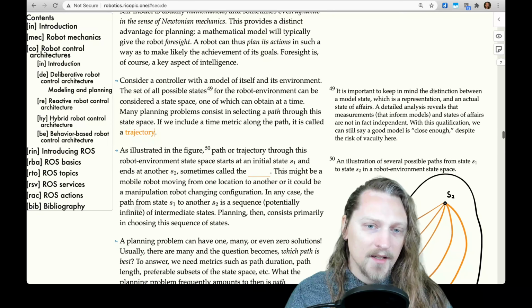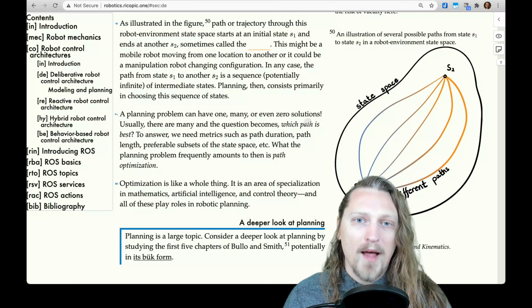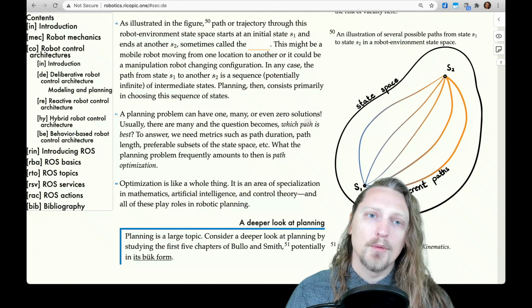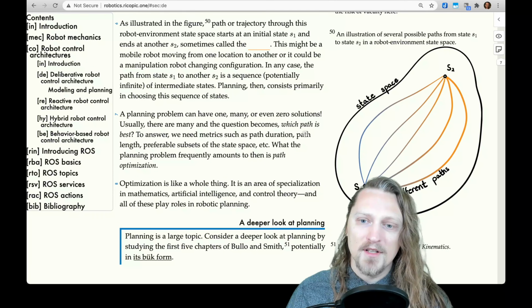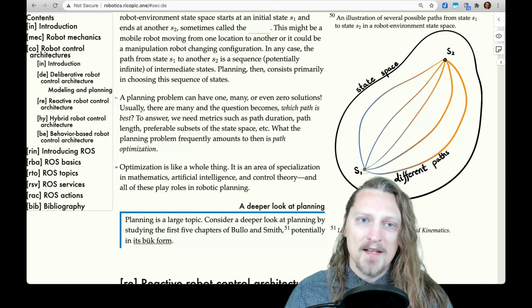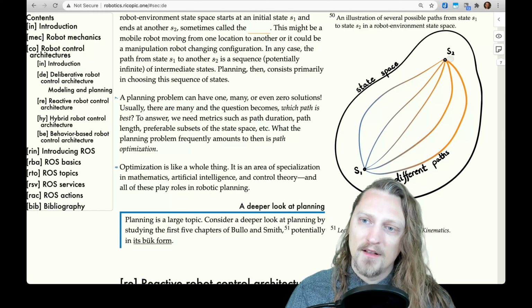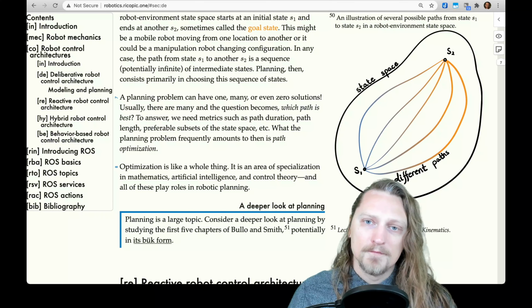As illustrated in the figure over here, a path or trajectory through this robot environment state space starts at an initial state S1, so right here, and ends at another state S2, sometimes called the goal state.